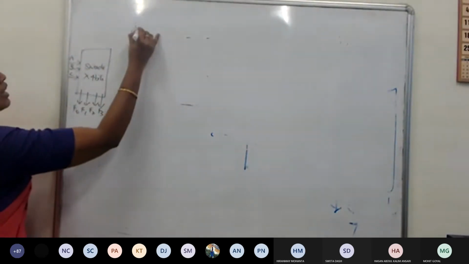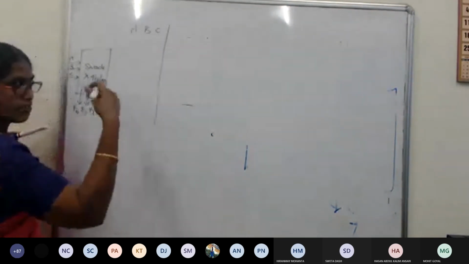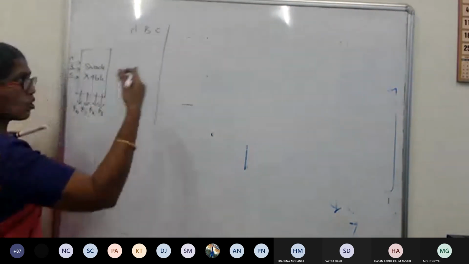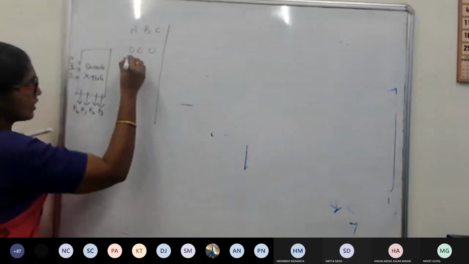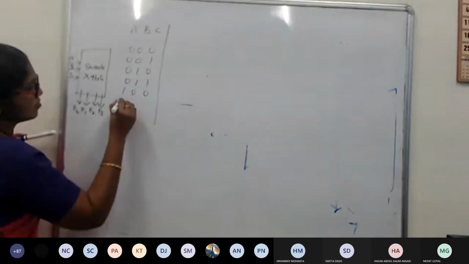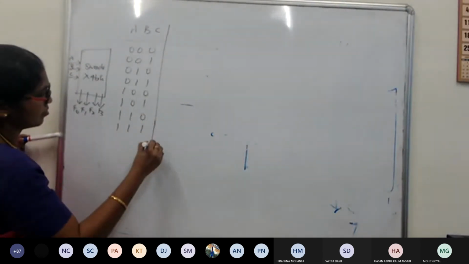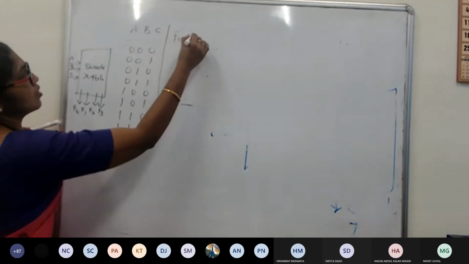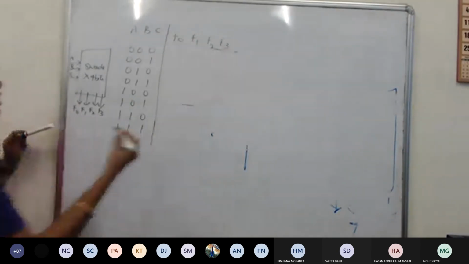Now, a table is provided to you already. This is given by us because we are the designers, so it is given by the designer. So these are the outputs 0, 1, 2, 3. Let me take up that example.